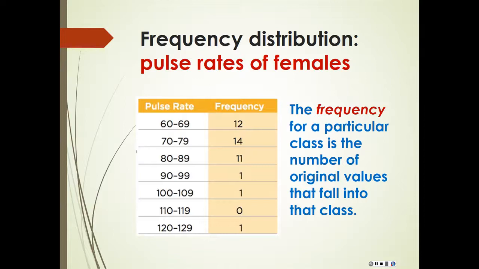One of them had a pulse rate over 120, but still that wasn't very many. Okay? In fact, I can see that most women have pulse rates in the first 2 categories, somewhere between 60 and 79. I can see that because I've now summarized my data in a way that lets me begin to analyze it. That's why we want to be able to make a frequency distribution.